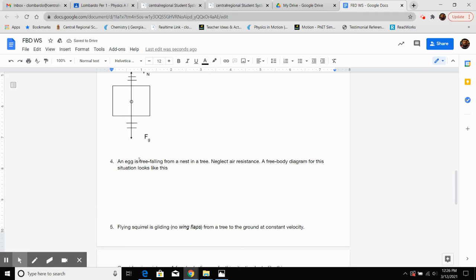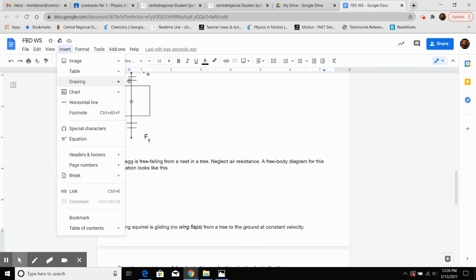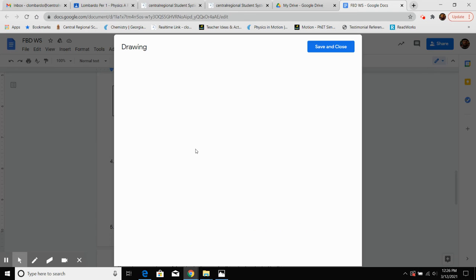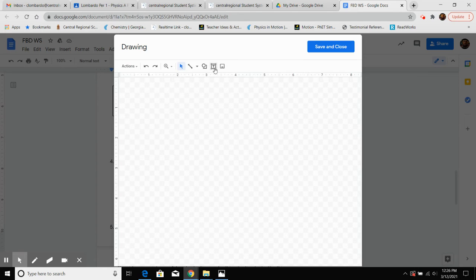We have an egg that is in free fall from a nest in a tree. So neglecting air resistance. This is like the one last on Friday from Cami. Okay, insert. Drawing. New. Square represents whatever our object is.